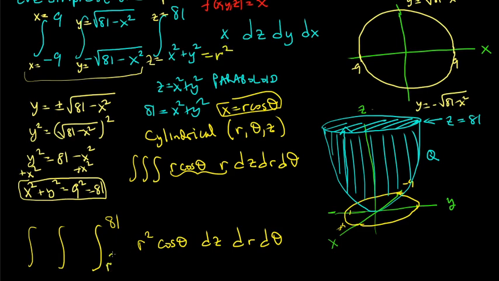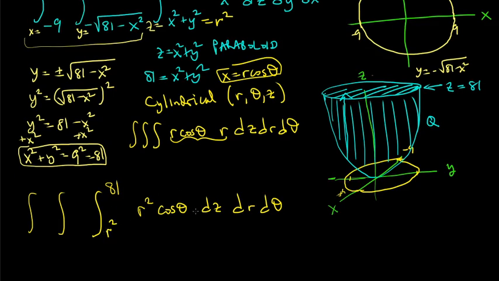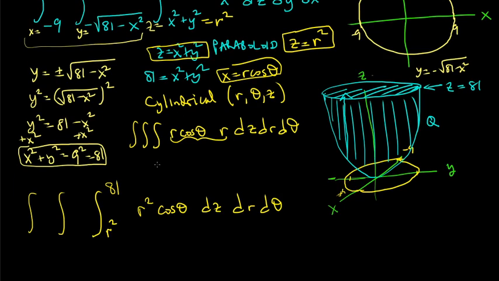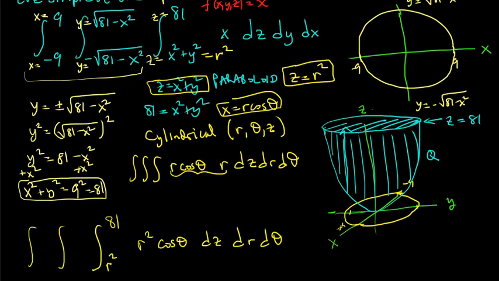So we're going from r squared to 81. So z equals r squared. After all, another way to write the equation of the paraboloid in cylindrical coordinates is just z equals r squared, same as z equals x squared plus y squared. Okay, everything okay so far?